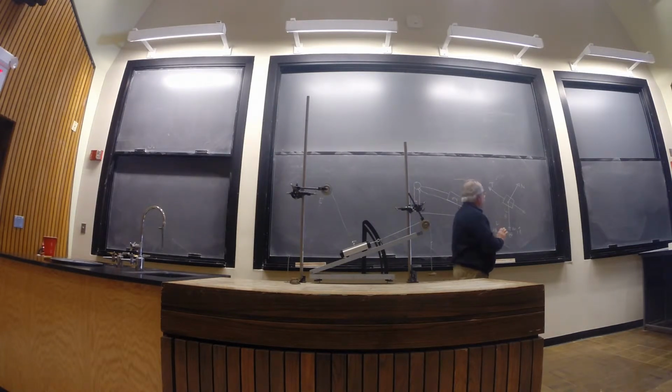Look in your notes. This one will be m1g sine theta in that direction. And now that I have drawn the components of the weight, I can take the weight out. I started with 3 arrows. It looks like I have 4 arrows, but I don't really have 4 arrows. I have 3 arrows. I broke one into components, x and y.